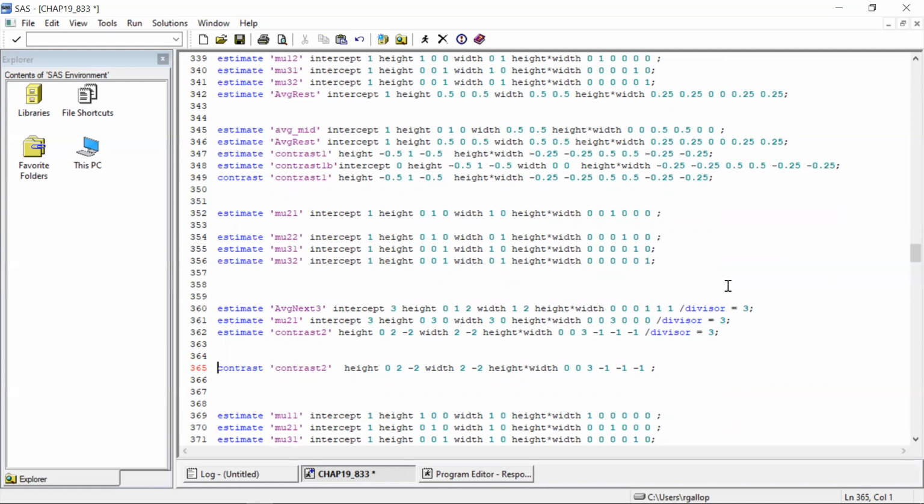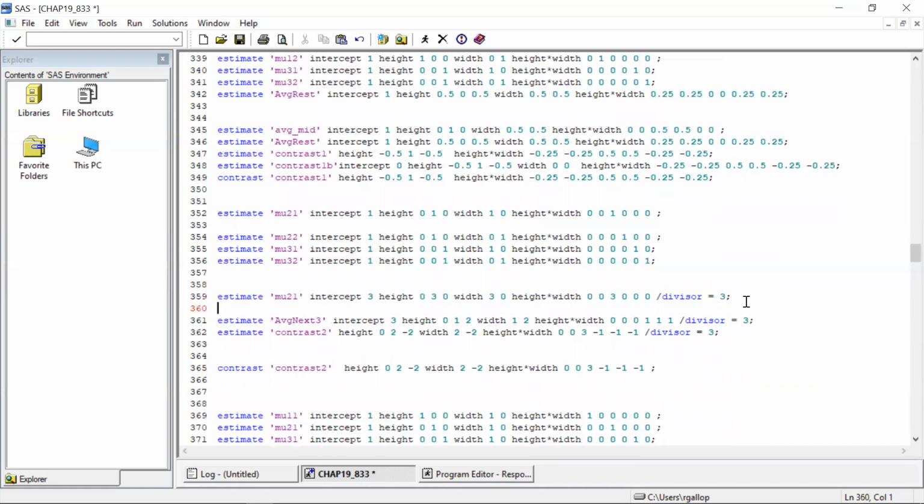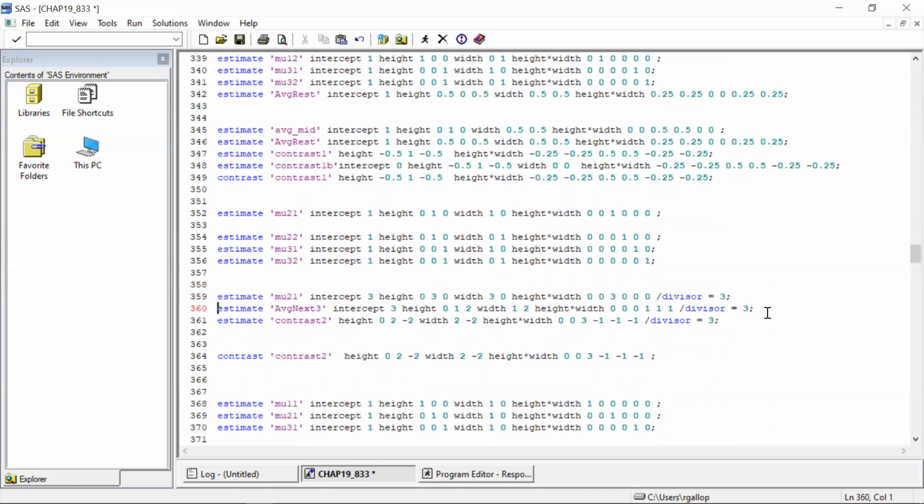I'll put the mu21 on top and this one underneath. Subtracting coordinate-wise for this second contrast, 3 minus 3 for the intercept. Don't need the term there since it's followed by 0. So the height, 0 minus 0. 3 minus 1's 2. 0 minus 2's negative 2.